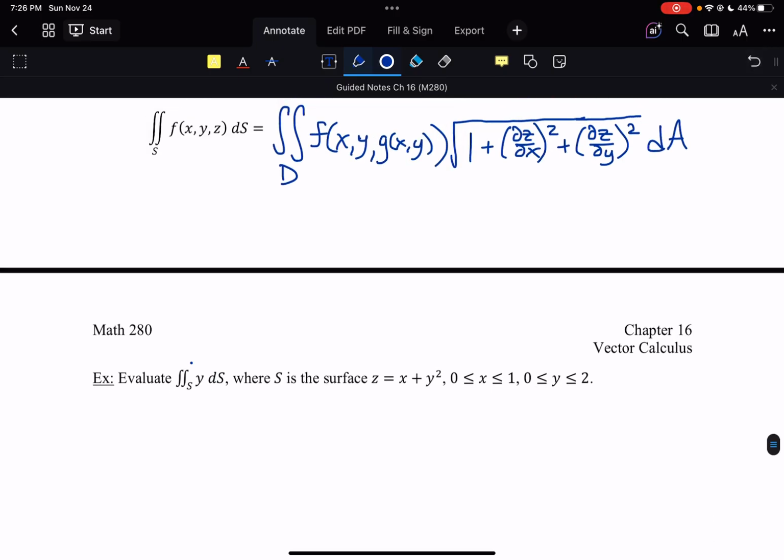Evaluate the surface integral of y, where S is the surface z equals x plus y squared, with x going from 0 to 1 and y going from 0 to 2. If we get the partials, the partial of z with respect to x is 1, and the partial of z with respect to y is 2y.